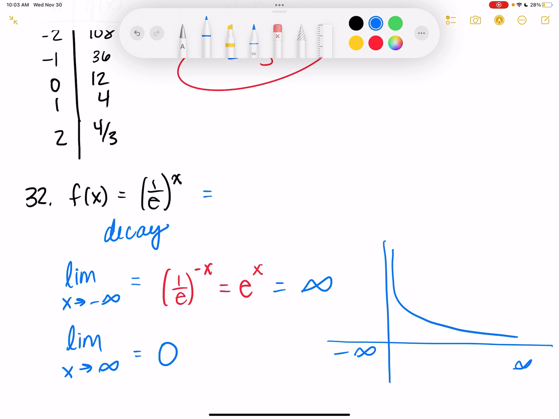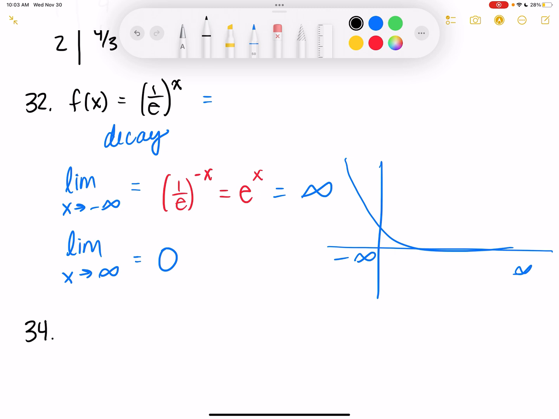This is getting really, really close to 0, but it's never actually going to touch 0. This is not a great graph, but don't mind the graph itself. It keeps going really high up to infinity for a decay function. For a growth function, it's just flipped. It's going the other direction.